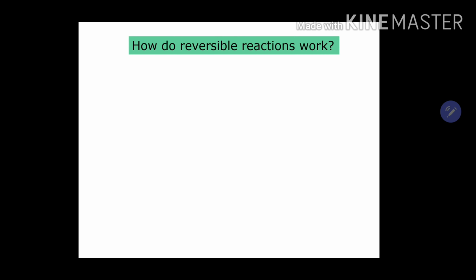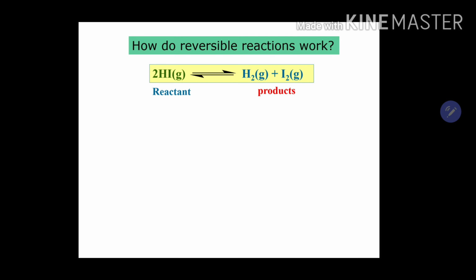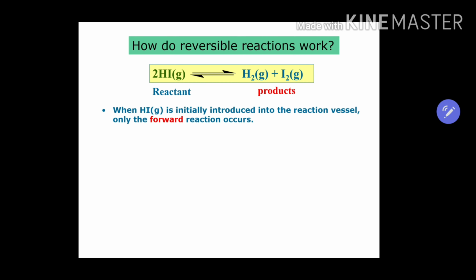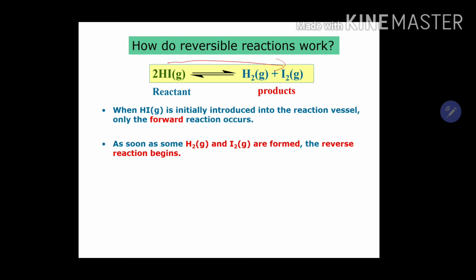How do reversible reactions work? Consider the decomposition of hydrogen iodide gas to hydrogen gas and iodine gas. When hydrogen iodide gas is initially introduced into the reaction vessel, only the forward reaction occurs. As soon as some hydrogen gas and iodine gas are formed, the reverse reaction begins.